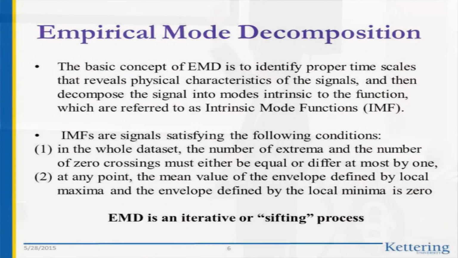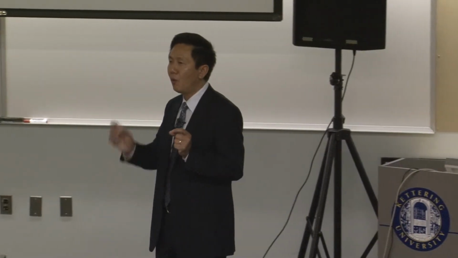So the basic concept of empirical mode decomposition is to identify proper time scales that reveal physical characteristics of a signal. In other words, you are using this method to extract some functions called IMFs, which I'll explain a little bit later, that are intrinsic to the signal itself.